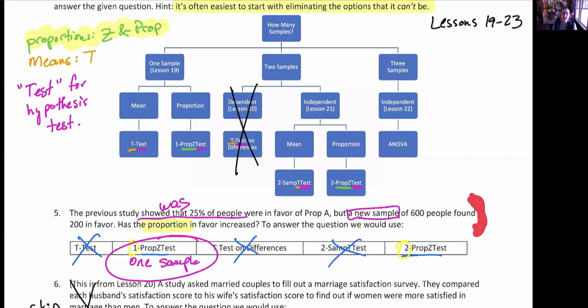Like I was given the Philly and Cleveland, or I was given the information for the sample of American and the sample of Delta. That was all in the narrative. That's what it's talking about when it's talking about 2 samples. Is there information here that you're given for 2 specific samples? And the answer is no. I'm just given this 1 sample of 600 people. And that's why it's the 1 sample.